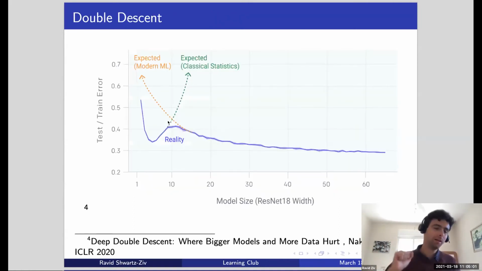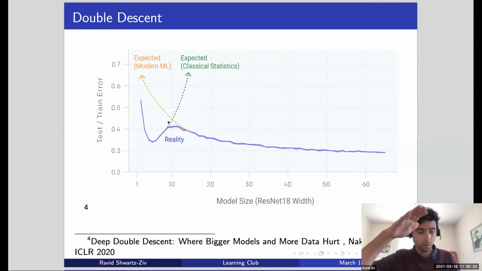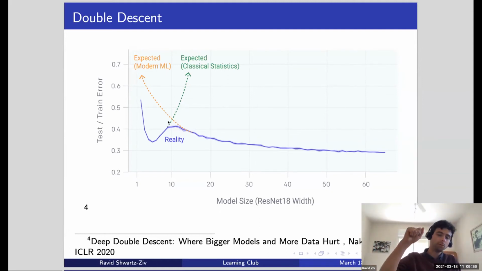Now, the second thing that we looked at is double descent. So double descent is a phenomenon that was rediscovered last year, and it says something simple: if you look at your error as a function of the model size, the classical theory tells us that at the beginning the error goes down, and then at some point you will start to overfit and the error will go up.